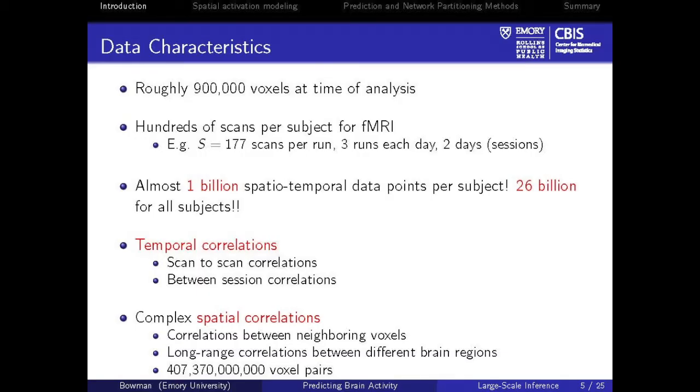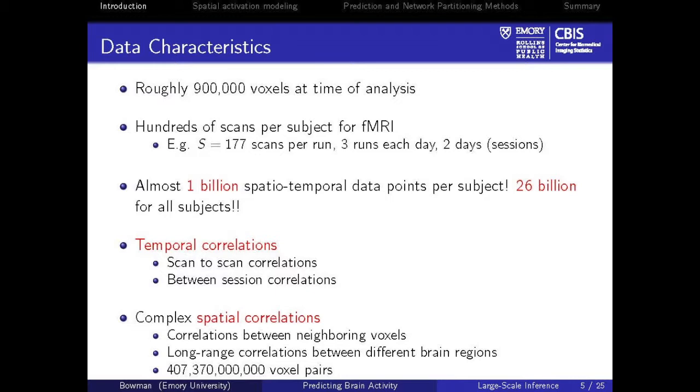The spatial correlations are quite complex to tackle, and I'll elaborate on this in a moment. You have correlations between neighboring voxels, almost always true. Yet you have very strong long-range correlations. There's very intricate wiring in the brain that connects things that are distant, and as a consequence, you get firing all over the place.